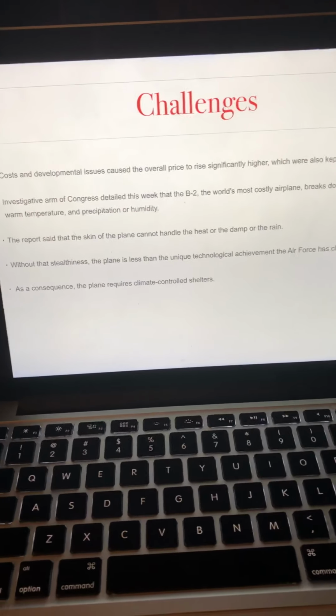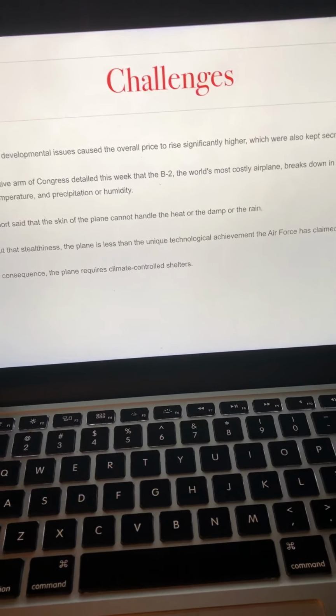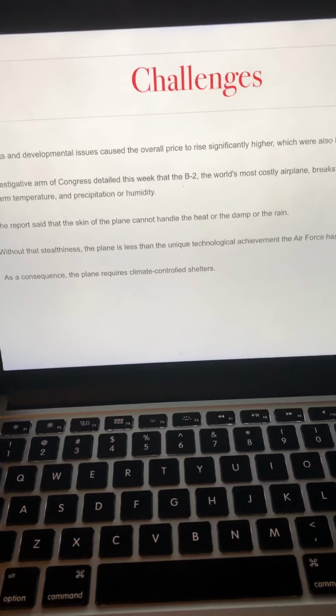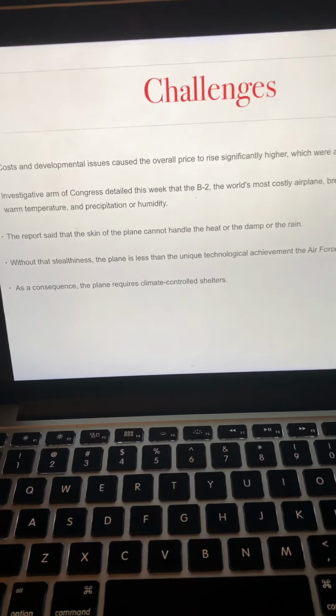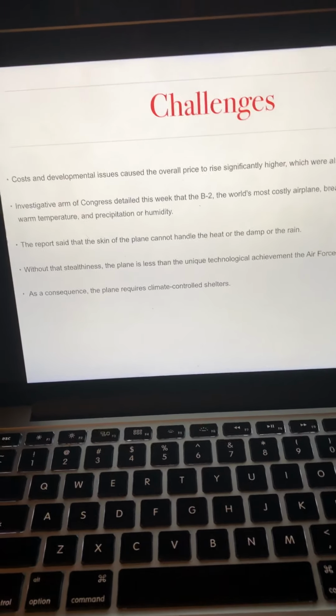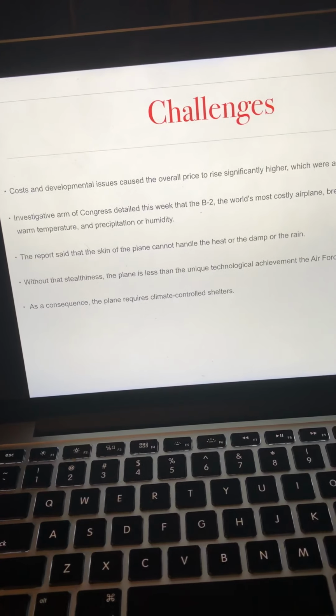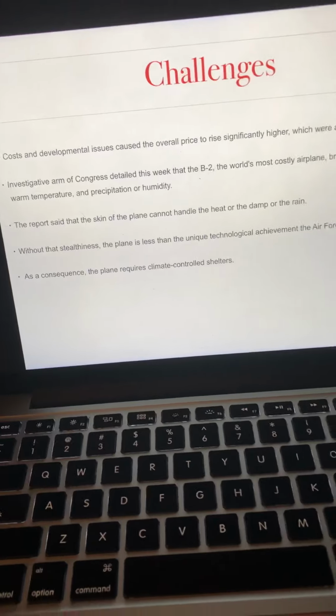The GAO report said that the skin of the plane can't handle high heat or damp or moisture for a long period. Without that, which enables the stealth effect, the plane is less of a unique technological achievement than the Air Force claims it to be.